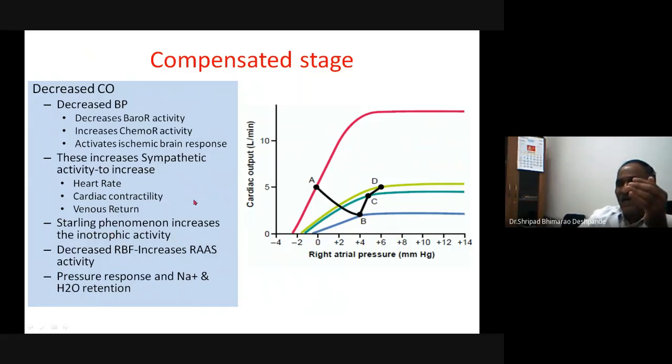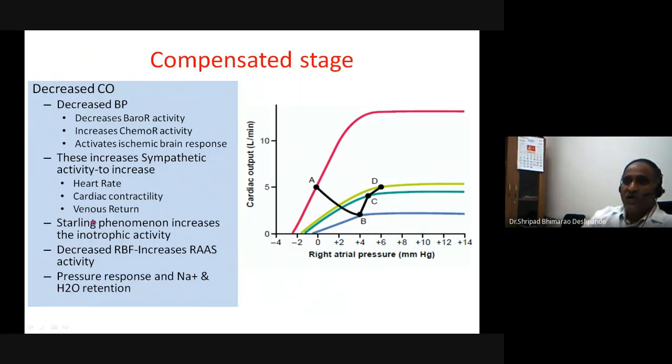Starling's law also brings in a certain amount of force of contraction, because I mentioned the cardiac contractility is because of the sympathetic and the Starling, and these Starling and the sympathetic are complementary to each other. It is not only additive; it is a multiple, so that will enhance the force of contraction, and try to bring back the cardiac contractility and the cardiac output somewhere here at point C.